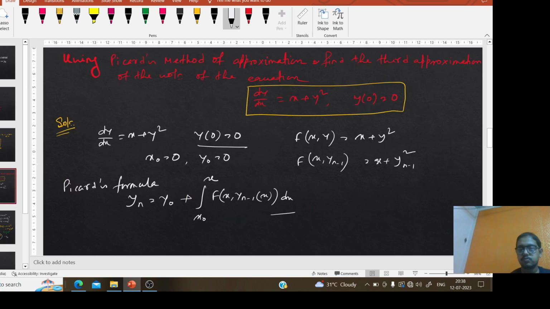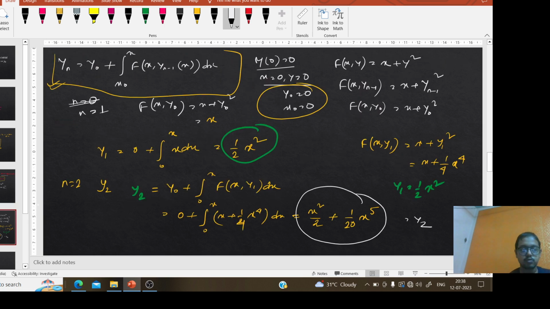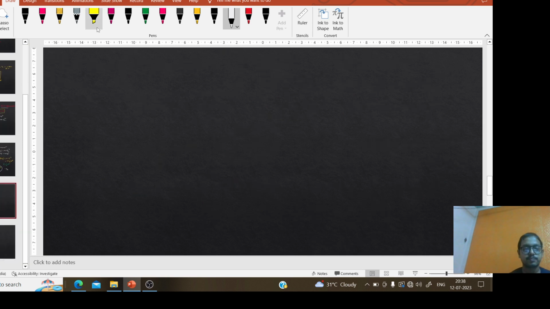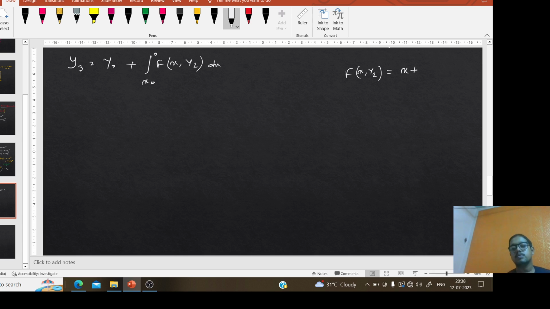And in the given question, we have to find the third approximation. That is, we have to go up to y3. So y3 is equal to y0 plus the integral from x0 to x of f of x comma y2 dx. So f of x comma y2 will be x plus y2 square.